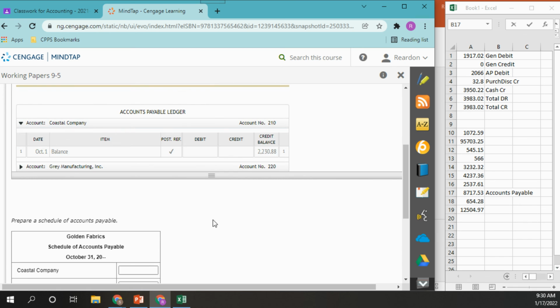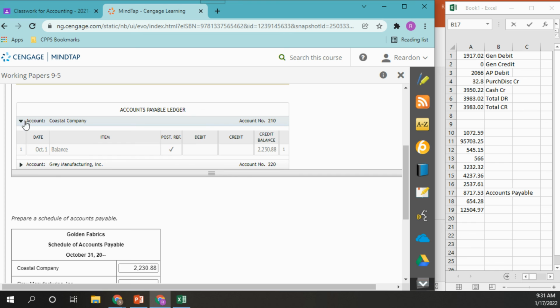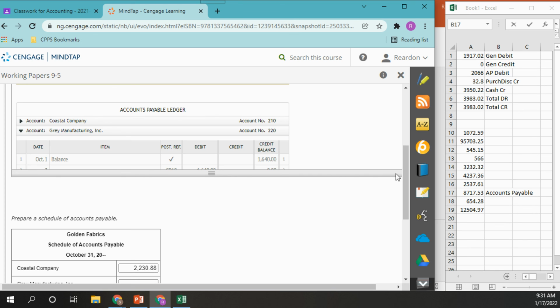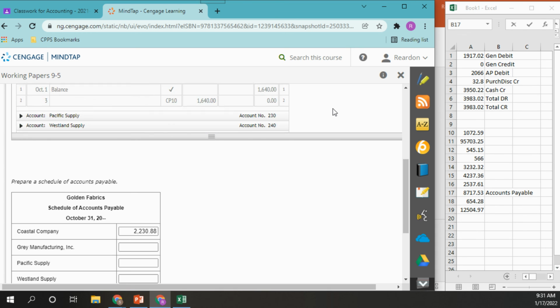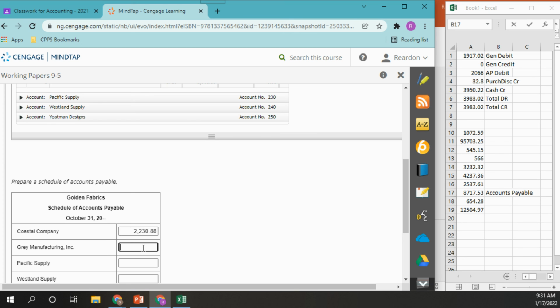Coastal Company balance 2230.88. Next, balance for Gray Manufacturing is zero. Now, ordinarily, you would not include a vendor with a balance of zero. I tried to enter zero and it didn't even let me do anything.